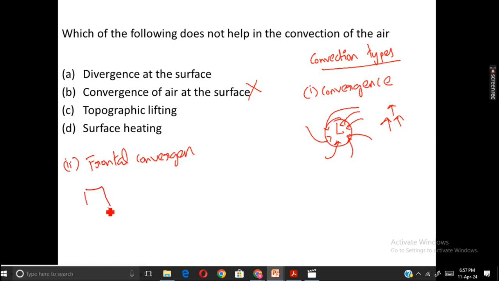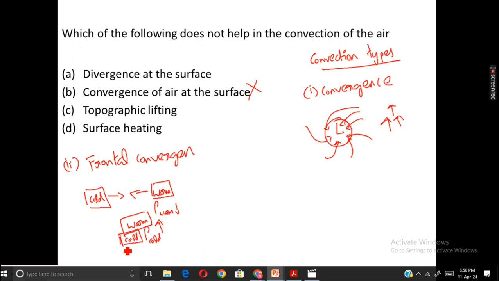Suppose there is a cold air mass and there is a warm air mass. What happens? These two air masses are approaching each other. As they approach each other, the cold air mass, which has a higher density, will sink, and the air parcel which is warm and has a lower density will be lifted.